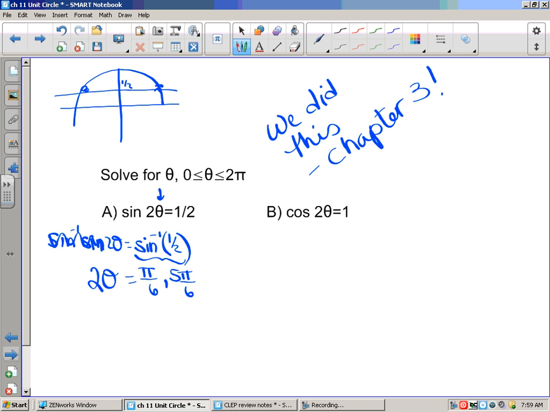But here's what I want to remind you of, okay? So we find the angles that it works for. We know in the first and the second quadrant, that's where sine's positive. But another thing that helped us with this 2 theta reminds us that, hey, that's the frequency. So that really means that sine is happening 2 times. Okay, it means we're kind of going around the circle 2 times, so to speak. And so what we did back in chapter 3 was we listed all of the quadrants, and we went back around again, right?